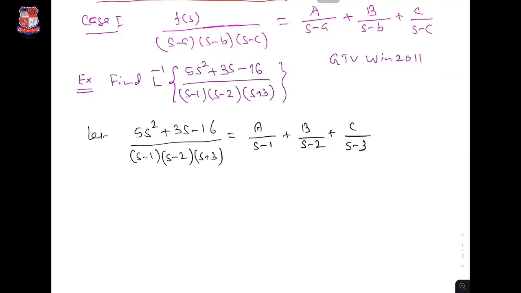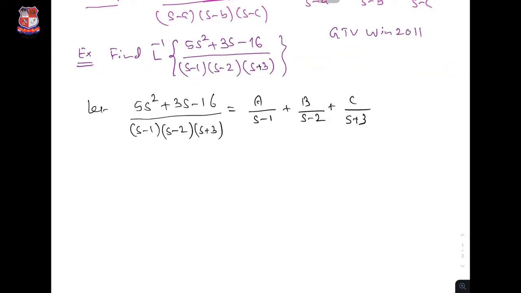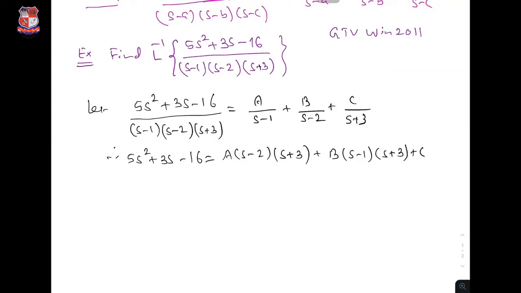Let us use this s plus 3. So 5s square plus 3s minus 16 equals, taking the LCM, A(s minus 2)(s plus 3) plus B(s minus 1)(s plus 3) plus C(s minus 1)(s minus 2).